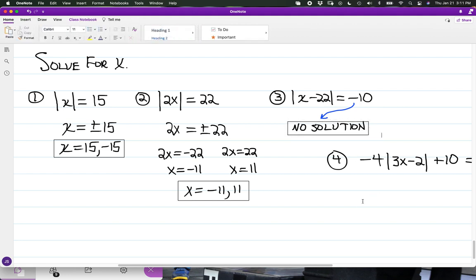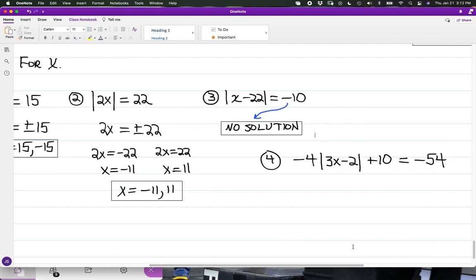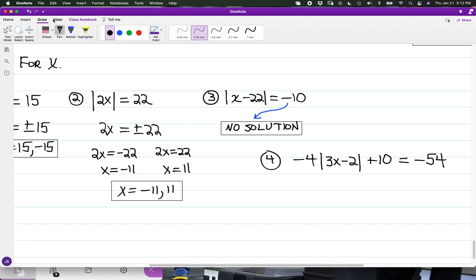Now, for the fourth item, we have an absolute value equation, and in terms of getting the absolute value of 3x minus 2 by itself, we have a couple of obstacles to remove. One is the 10, which is added, and so we're going to subtract.